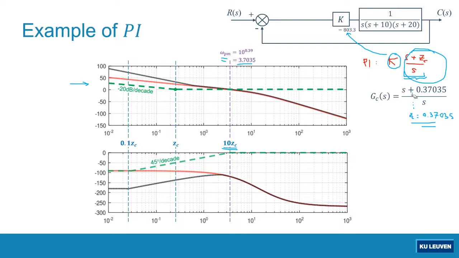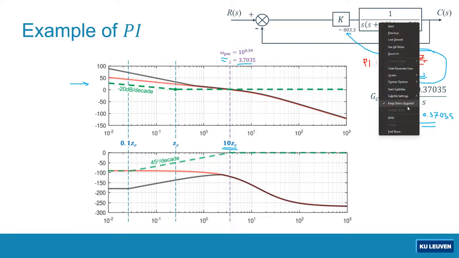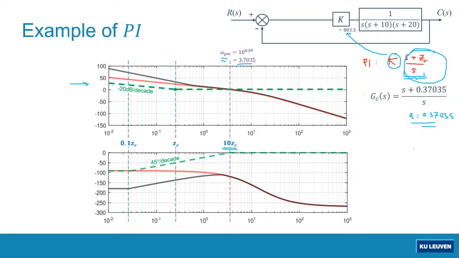See, if you can see it now, my ZC is exactly equal to 0.37035. So this will be the dynamic part of my PI controller.